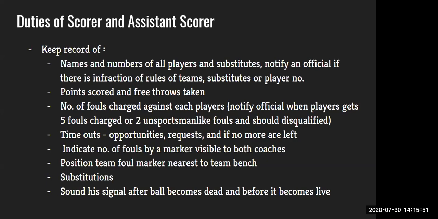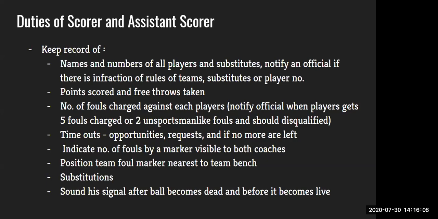They have to keep a record of timeouts, like how many timeouts a team has taken and how many are left from what is given. Then he has to indicate the number of fouls by a marker visible to both coaches.